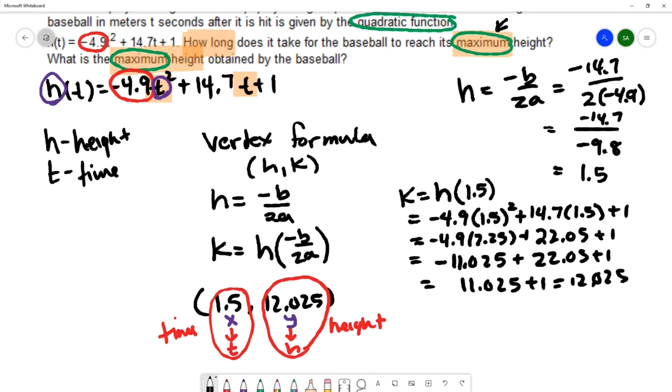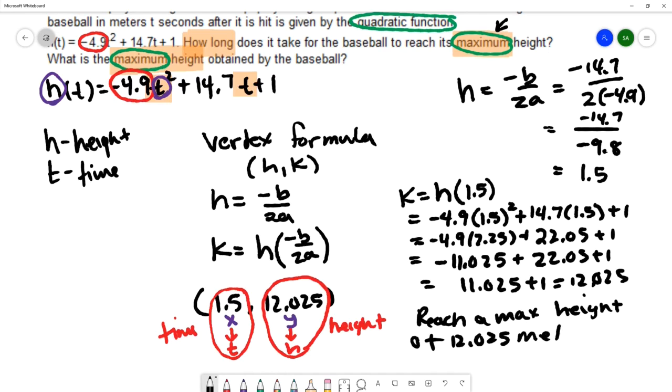So in this example, that baseball is going to reach a max height of 12.025 meters at a time of 1.5 seconds.